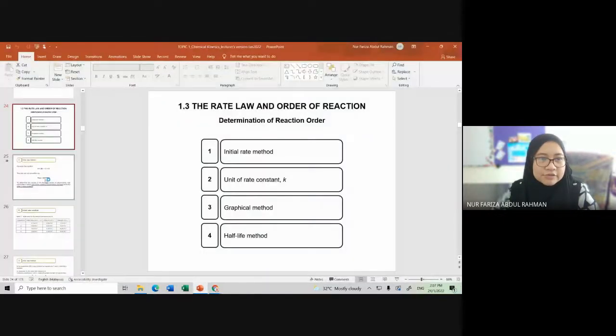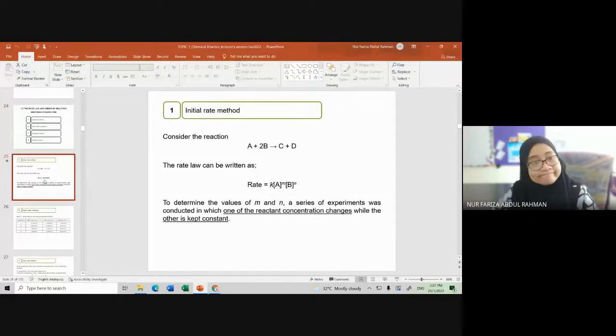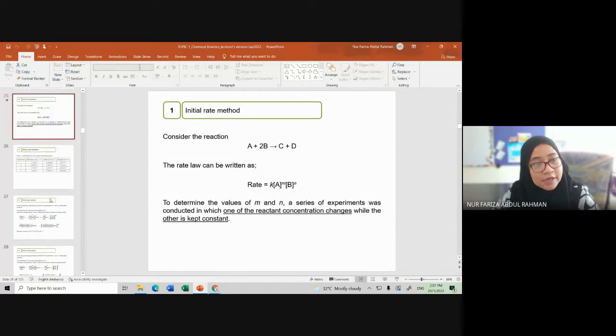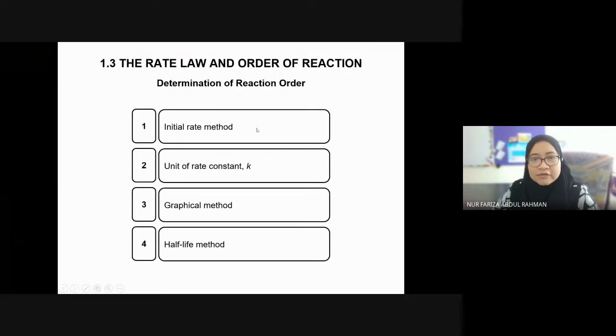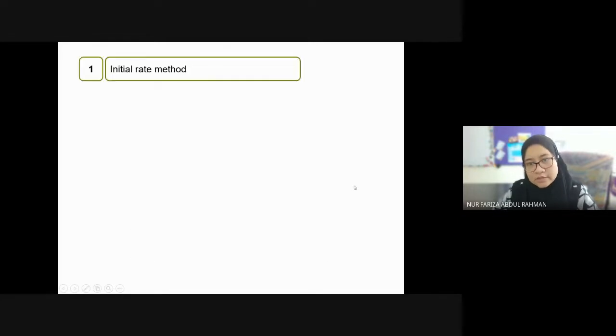Okay, right. So last time we have discussed about the first method in order to determine the reaction order, which is by using the initial rate method.